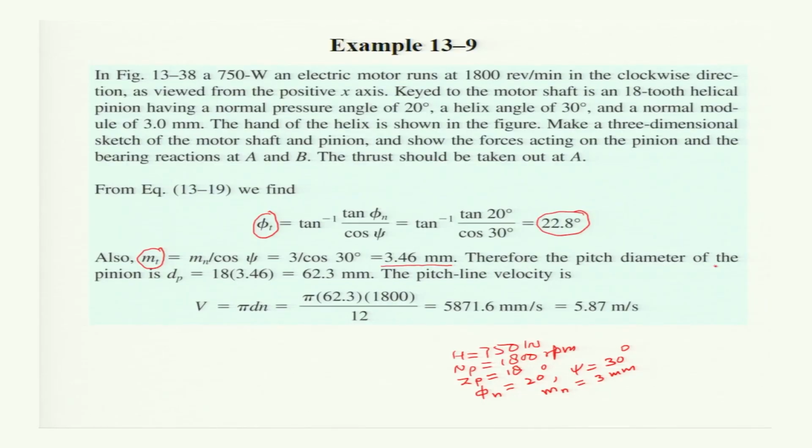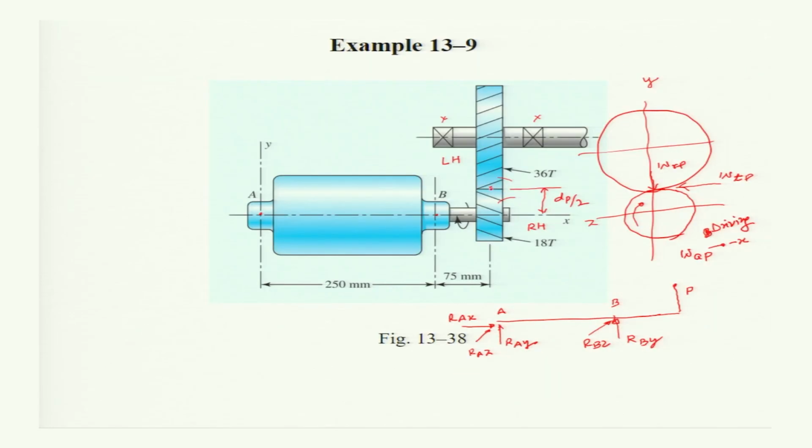Therefore, the pitch diameter of the pinion, dP, is given by the number of teeth on it multiplied by the transverse module 3.46, and so dP is 62.3. The pitch point of the gears, P, is at a distance of dP divided by 2.